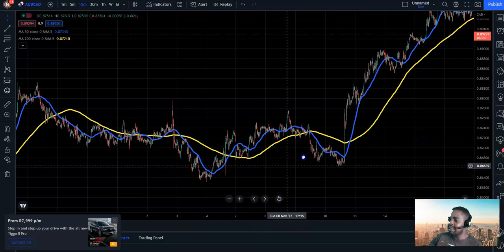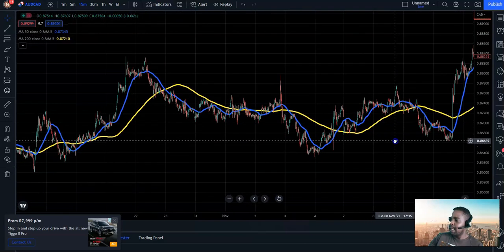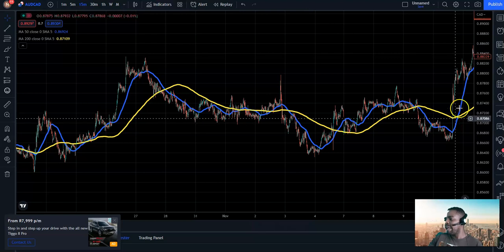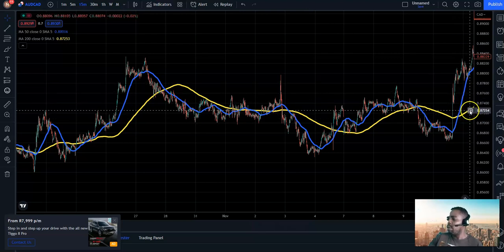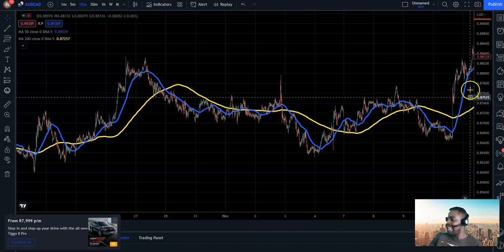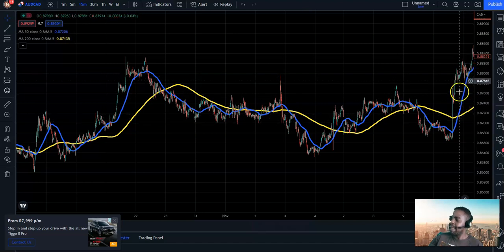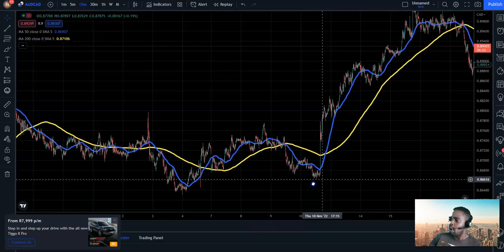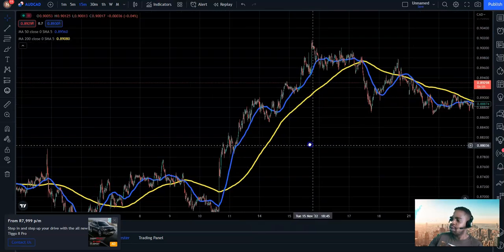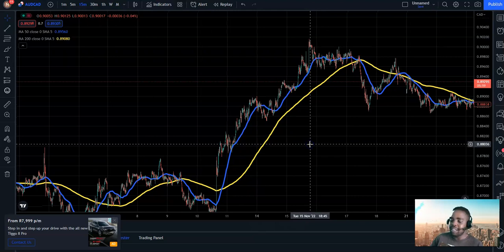Imagine if the market was still at this point here, with the faster moving average above and the slower moving average below. This gap would have told you this is the beginning of a strong uptrend, and it went on and on and on. This helps you to reap profits on a long-term basis.